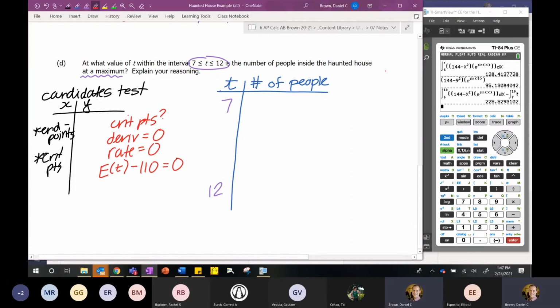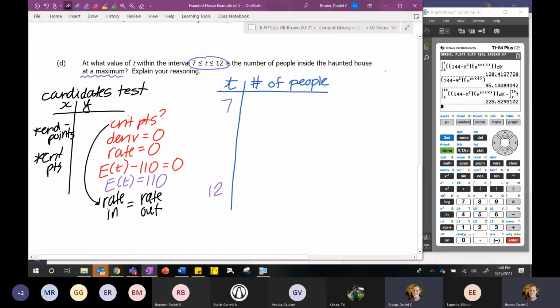Me personally, I don't like solving that equation. There are some things that can make it complicated. The one that I think is also easier to memorize is if you move that 110 over, it becomes E of t is equal to 110. So if you want to summarize, like Mr. Brown, just give me something to memorize: for these problems, to find a critical point, you want to find when the rate in is equal to the rate out.